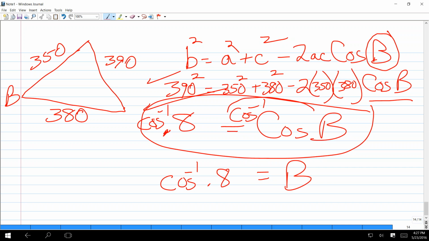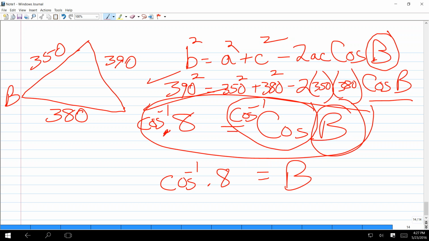Whenever you have either the cosine of the inverse cosine or the inverse cosine of the cosine, you have whatever that angle is.